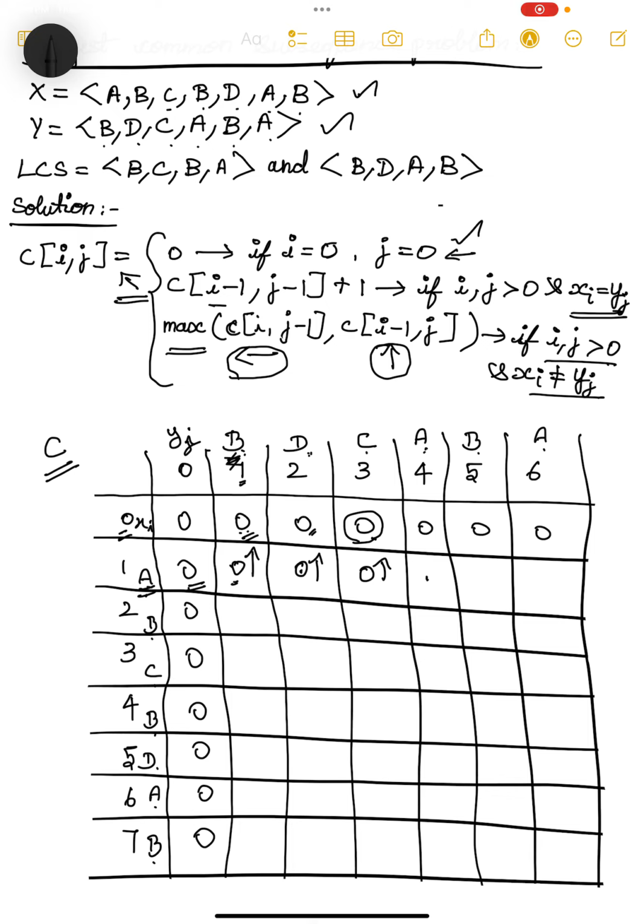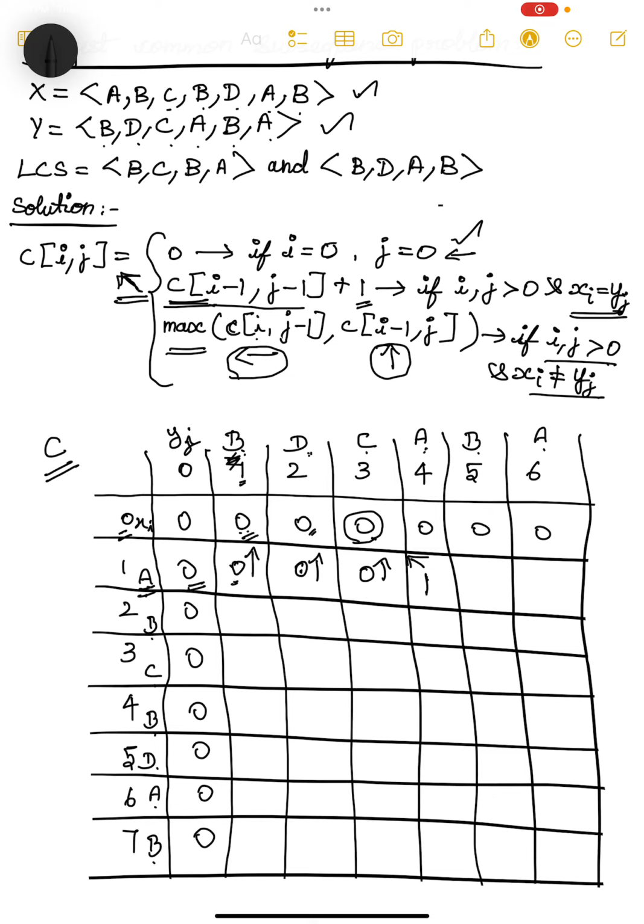With that value, what we have to do? We have to add 1, right? So 0 plus 1, what are we getting? 1. That value 1 only I am writing here. Then since we are taking the previous row, previous column value, we have to put the slanting arrow mark here. Okay. So whenever we apply this formula, the slanting arrow mark we have to put.